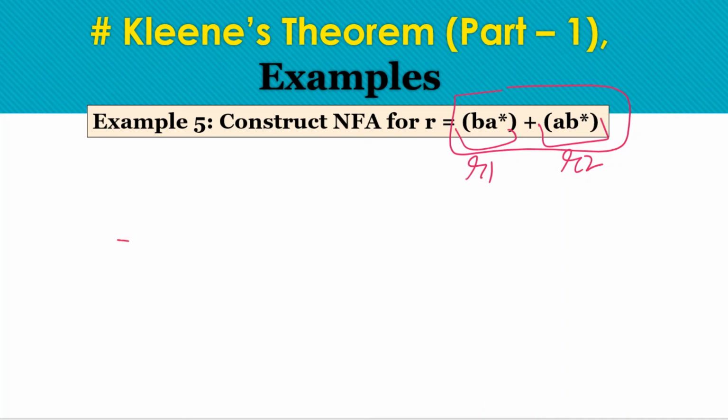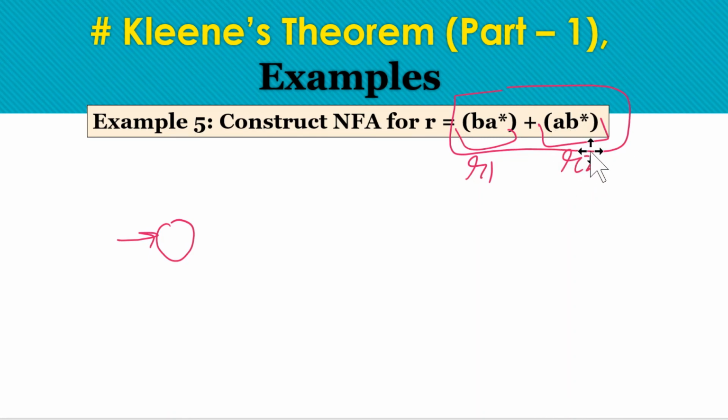The initial state cannot be the final state, because we need at least one occurrence of R1 or R2. Both expressions are in union, so at least one of R1 or R2 is required. After that, if we are getting R1, one b is required, and if we are getting R2, one a is required.